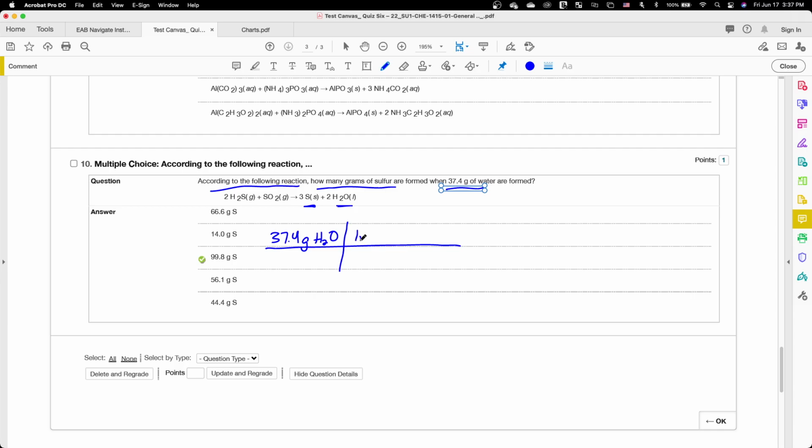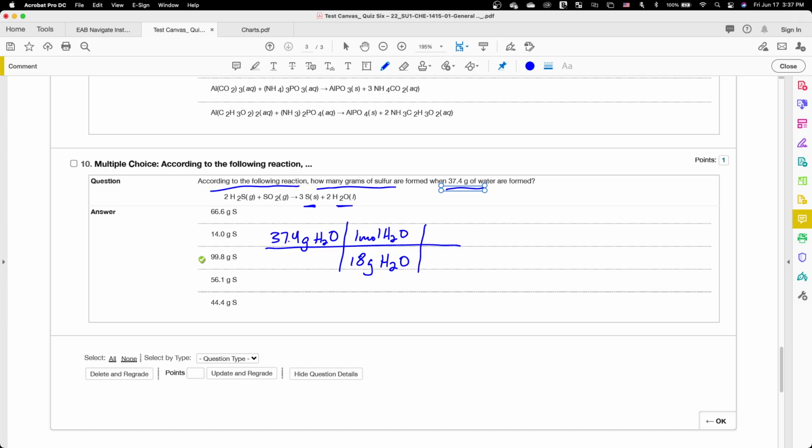For every 1 mole of water, remember we have 18 grams of water. Where did I get the 18 from? I just added up the weights of hydrogen plus hydrogen plus an oxygen.